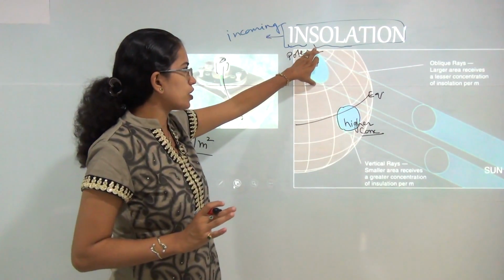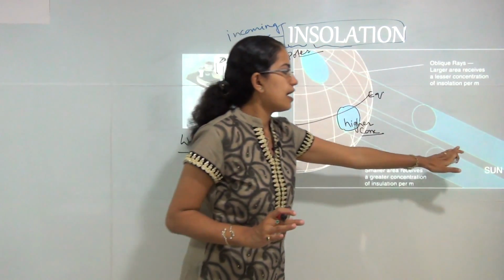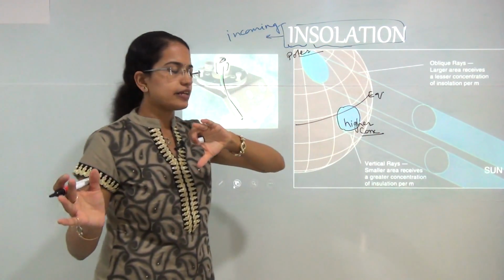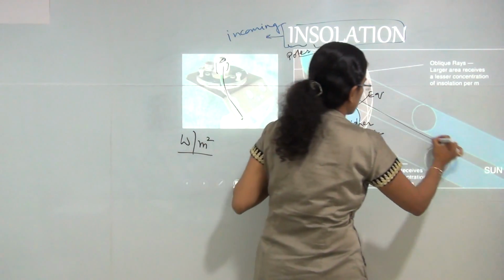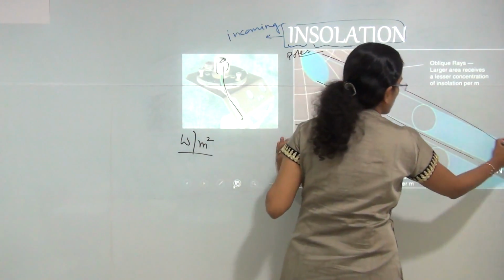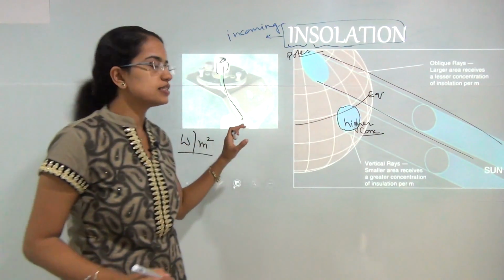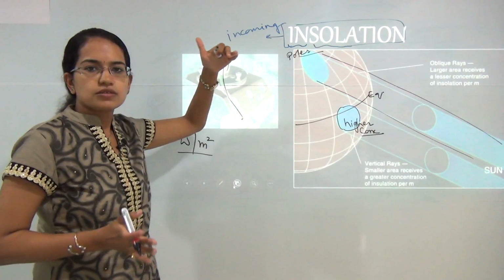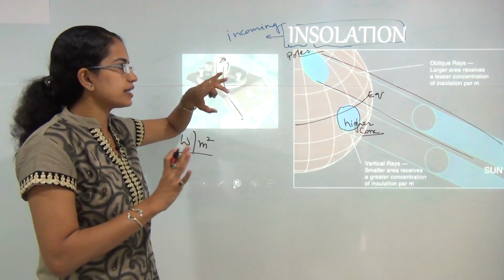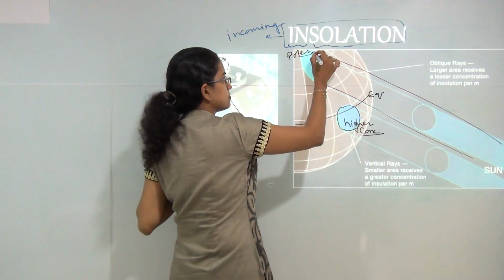However, if we move towards the pole, the same sunlight which is falling would appear to be slanting. So there would be slanting rays falling towards the polar regions. As a consequence, the area in which the sunlight is falling would be much larger.